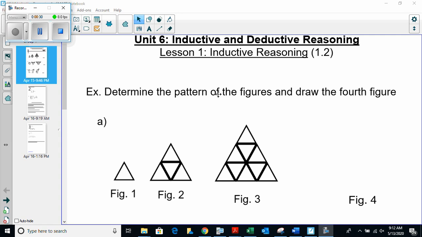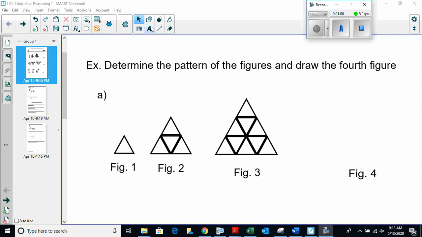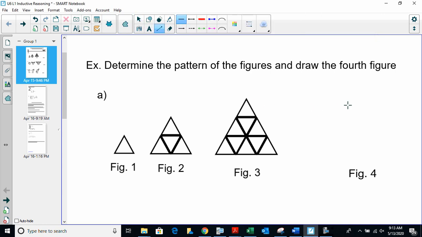on the previous cases. So on the first example that we have here, figure 1 is a triangle, figure 2 is a triangle with another triangle inside upside down, and figure 3 is a triangle again with 3 triangles inside, and figure 4 will be something like, let me draw that, a triangle like this.